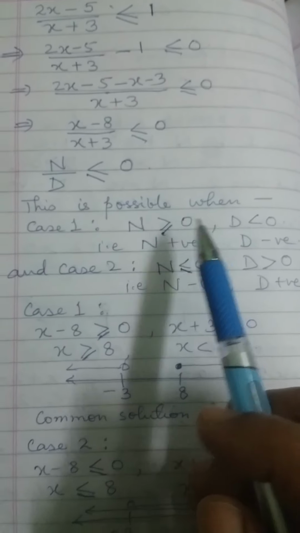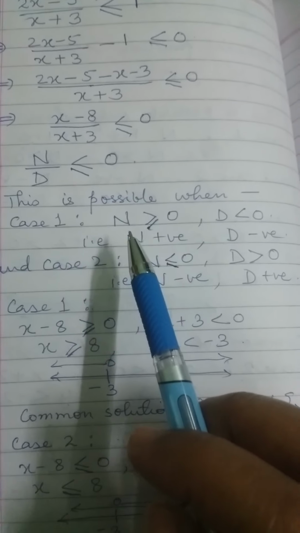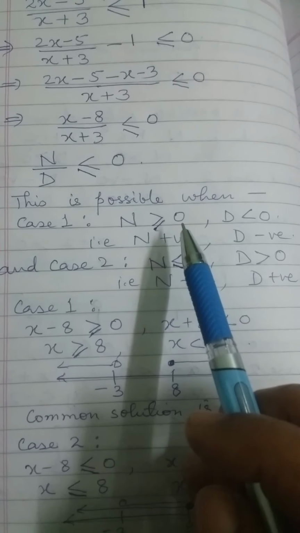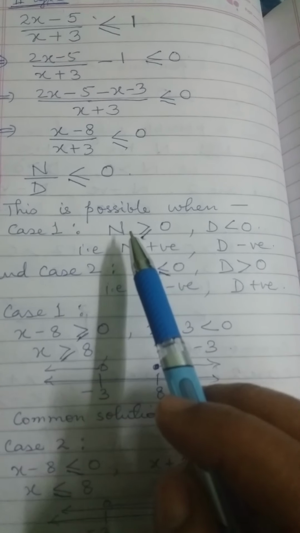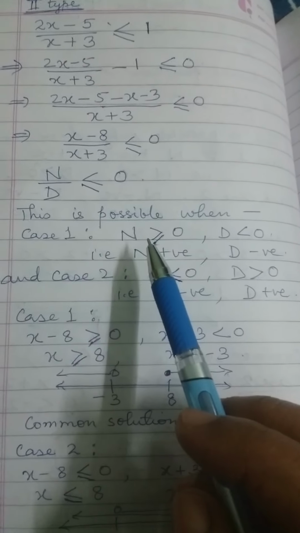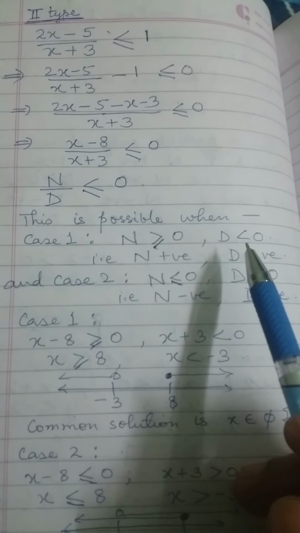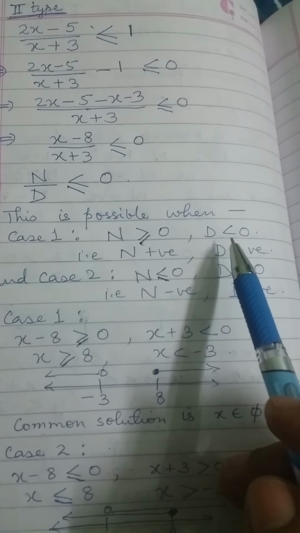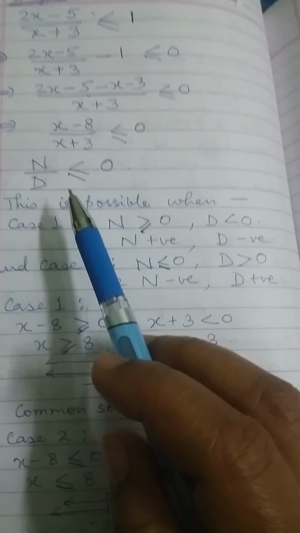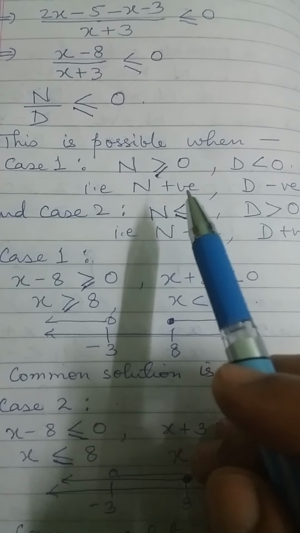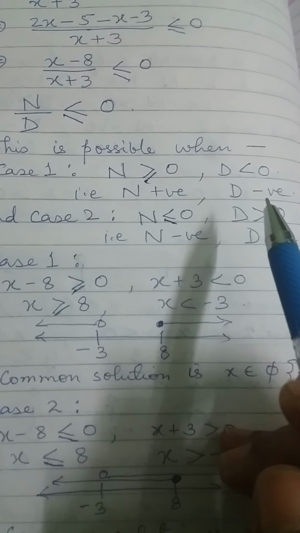So this is possible only when case 1, numerator is greater than equal to 0, denominator less than 0. Now see, I am taking numerator as positive or 0 and denominator less than 0. Denominator will never be equal to 0, because if denominator is equal to 0, the function will be not defined. Now in this case, numerator is non-negative, denominator is negative.